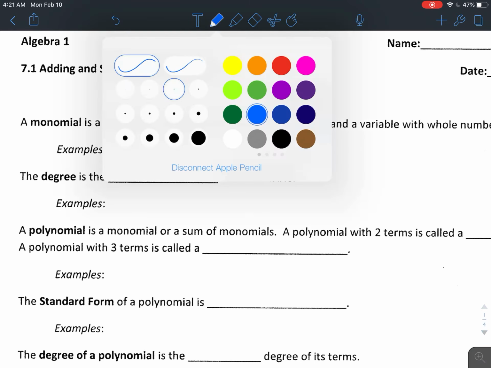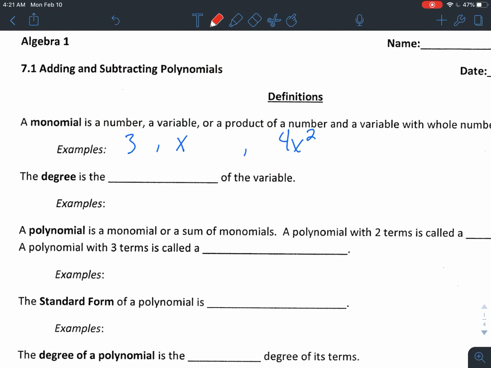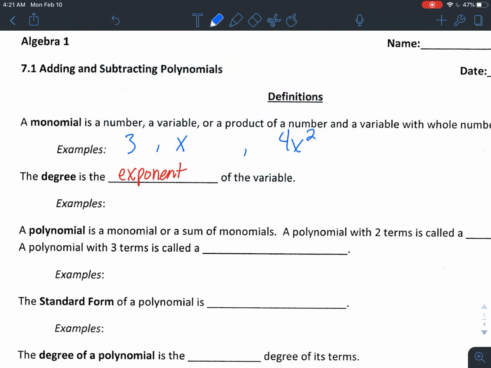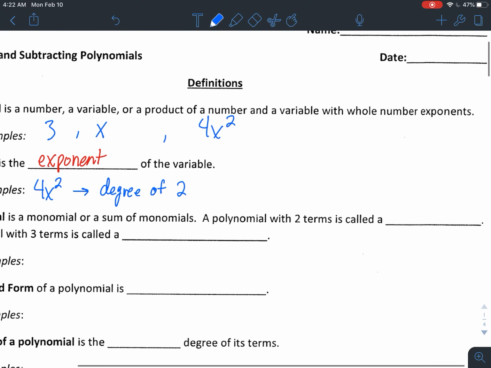The degree of a term is the exponent of the variable. So, for example, the ones that we put up above, 4x squared has a degree of 2. So whatever that exponent is, that's just the degree of that term.